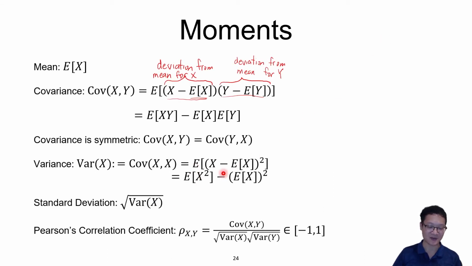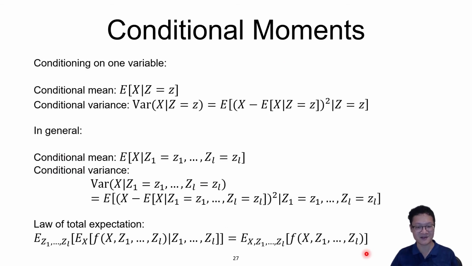So if I go back to the original definition of variance, we have this expectation and that expectation. If it's the conditional variance, then both of the expectations need to become a conditional expectation. So let me just switch to the other slide so you can take a quick look again.